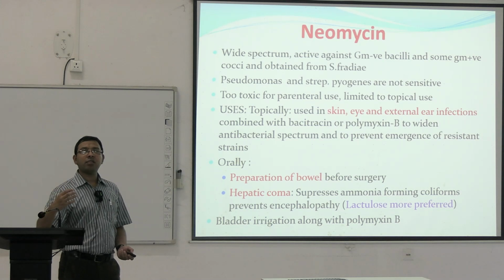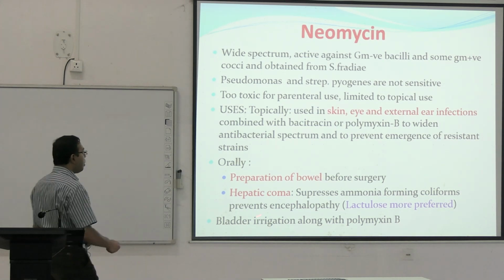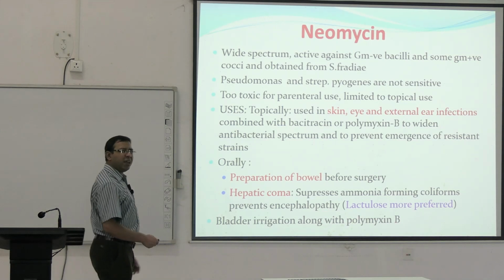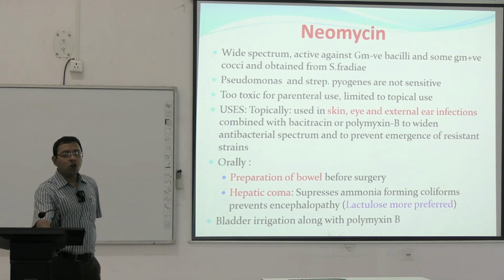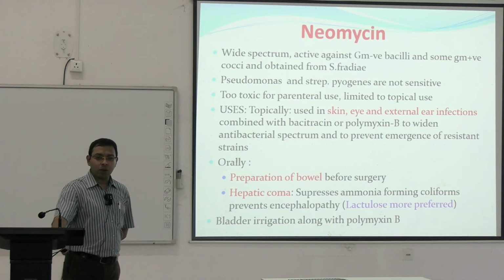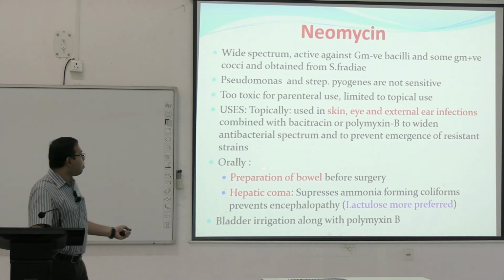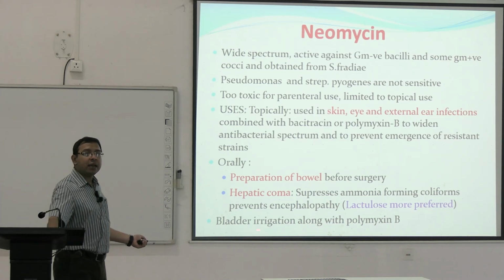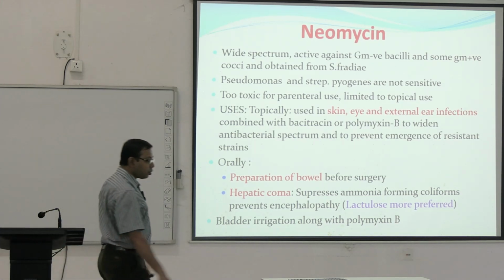There will be lesser chances of the hepatic problems going into hepatic encephalopathy. Bladder irrigation along with polymyxin B can also be done before bladder surgery. So remember, neomycin is the only aminoglycoside drug that can be used orally. Mainly it is used for preparation of the bowel before surgery, in hepatic encephalopathy, and also for bladder irrigation.